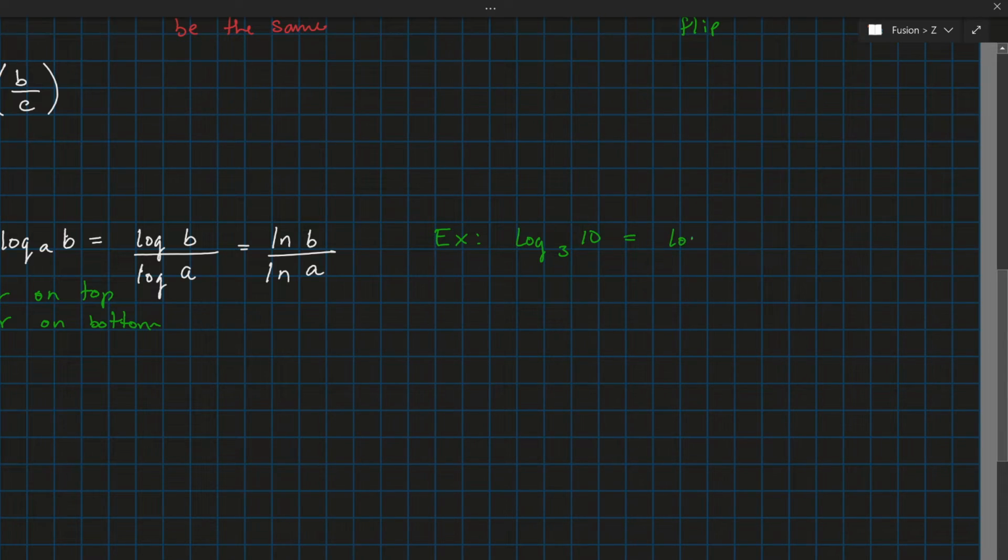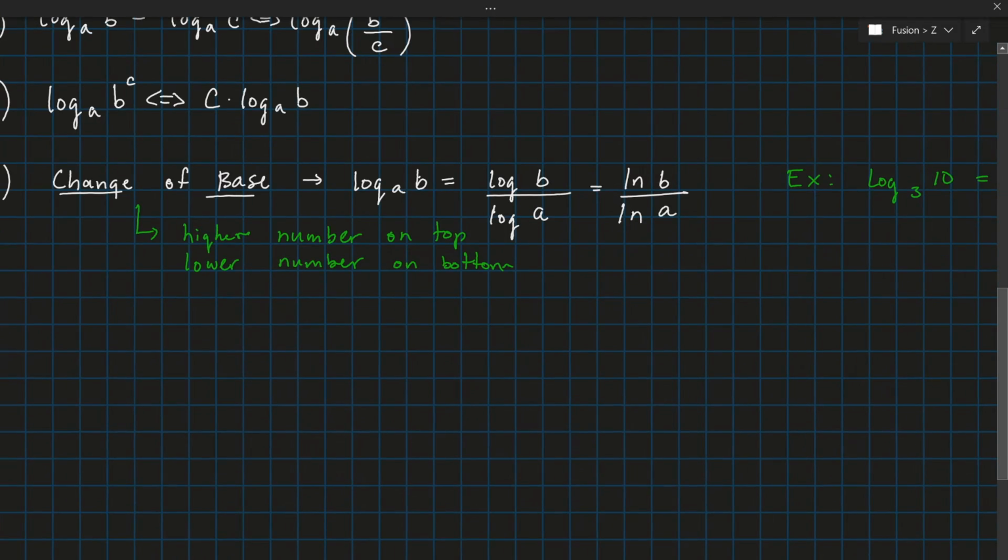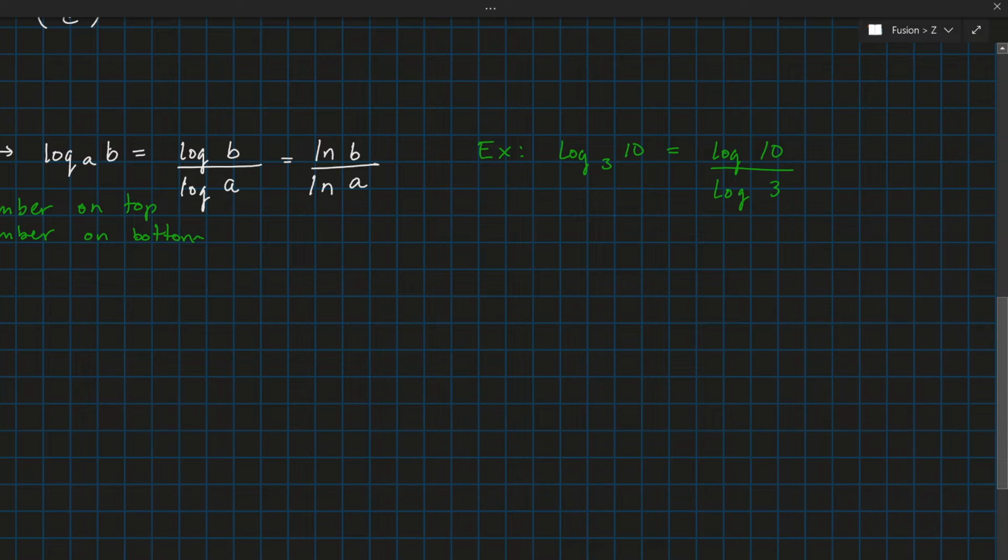So you'd have log 10 over log 3. Don't write the base. And now you can enter that in your calculator. Okay. Oh, so the one that is physically higher. Yeah, that makes more sense. Physically higher. Yeah.